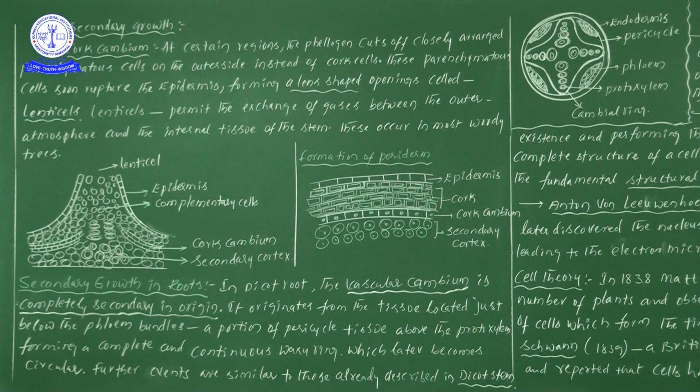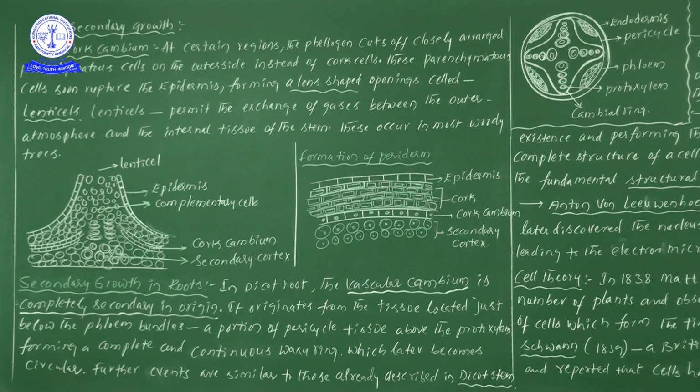All the events are very common, as we have seen in the dicot stem. That is what I have written here: further events are similar to those already described in the dicot stem. Once the cambium formation is completed between the xylem and phloem members, all the processes we have seen in the dicot stem follow automatically. All points are very common in the root also.